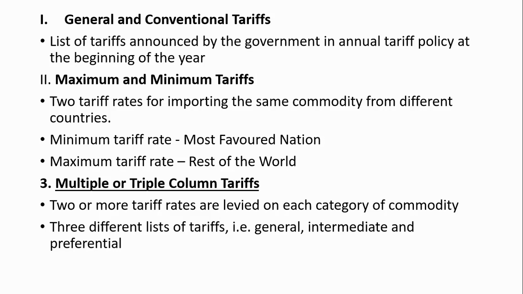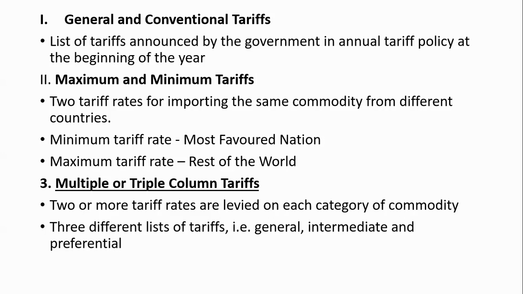Next one is the multiple or triple column tariff. Under the multiple column or triple column tariff, for each category of commodities, two or more tariff rates are levied. The usual practice is that three different lists of tariffs are used: general, intermediate, and preferential.